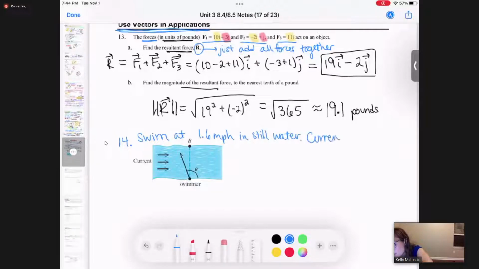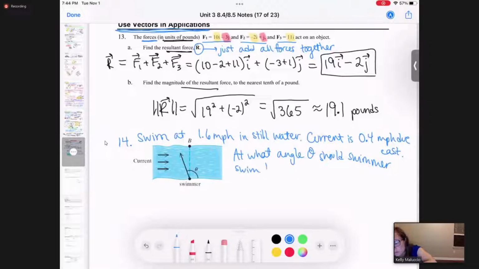But suppose the current is 0.4 miles per hour due east. Then we can ask ourselves at what angle theta should the swimmer swim to reach point B in this picture.